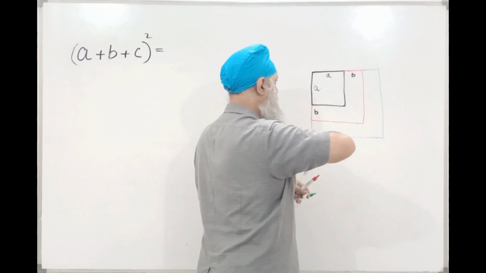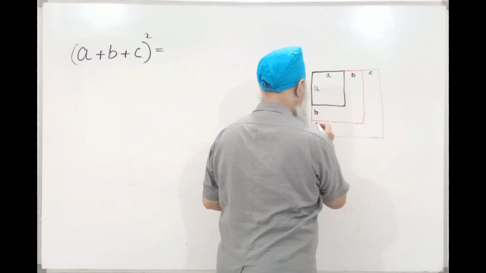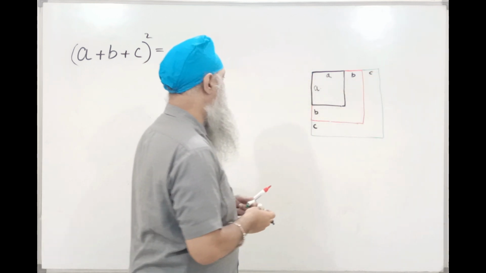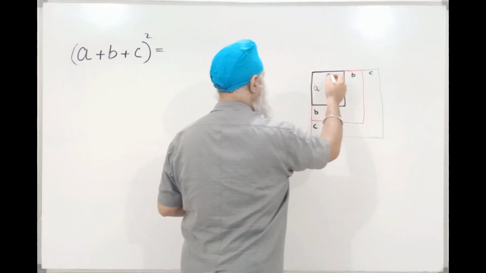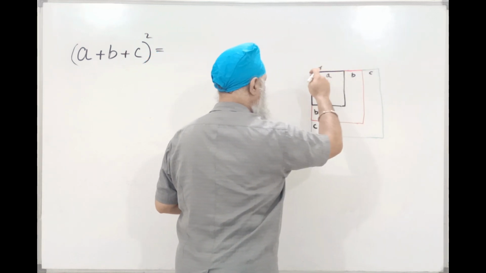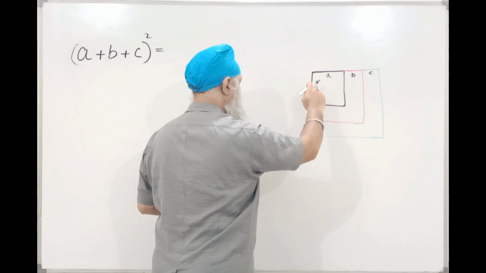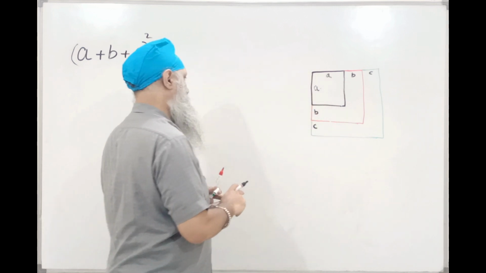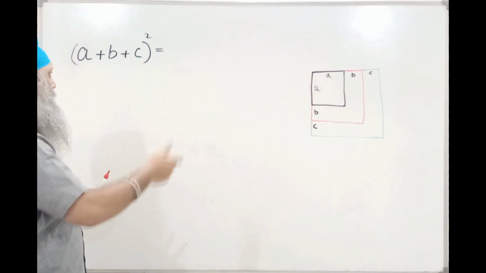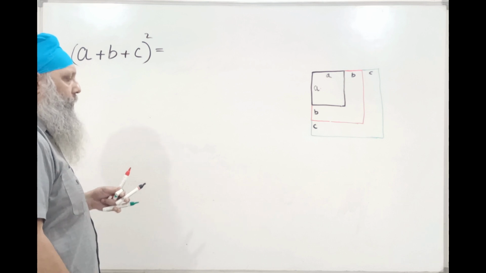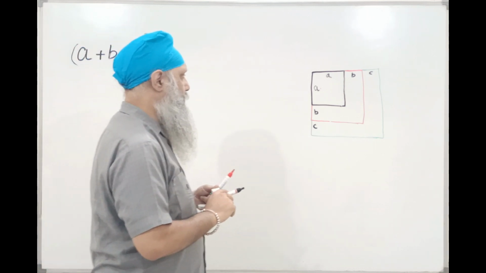That is C, and that is also C. So this whole side is A plus B plus C. Similarly, this is A plus B plus C. Now we divide this into different areas, and then we will see what it comes out to be.